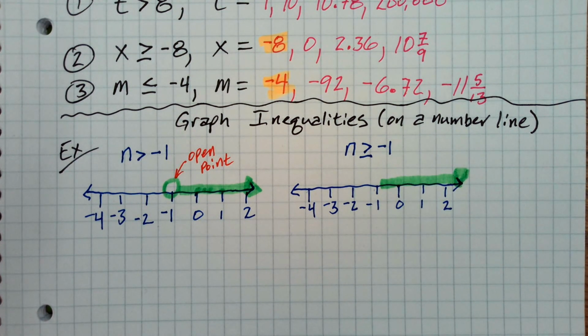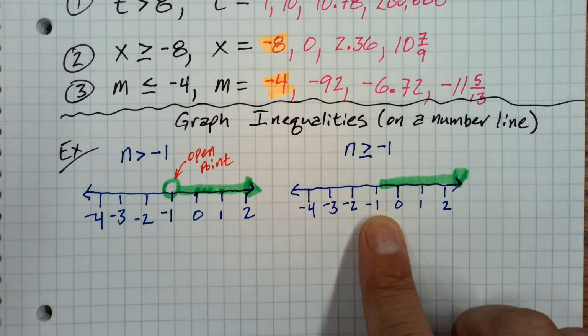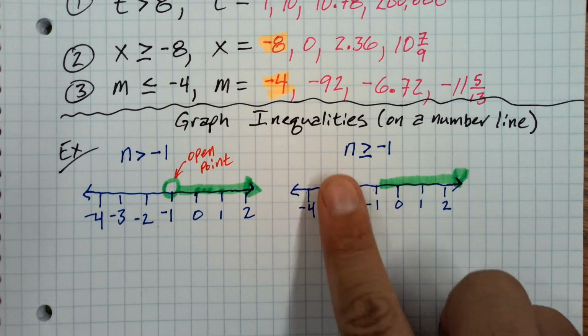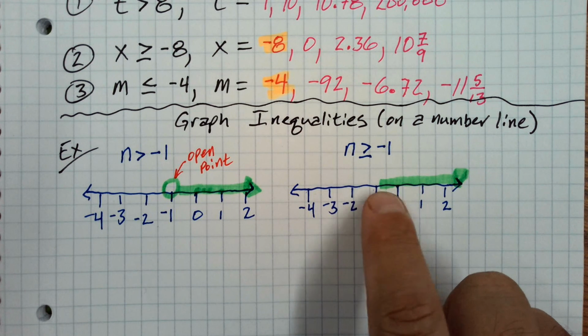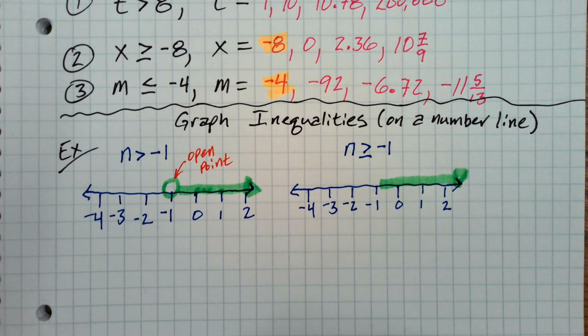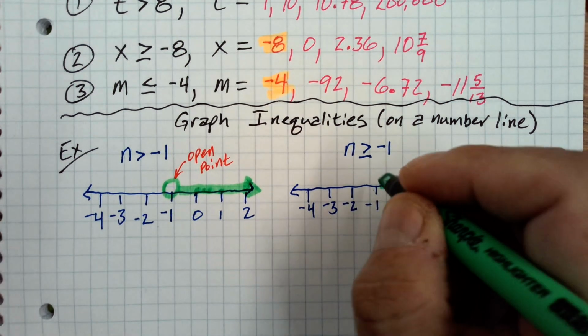Now, is the number -1 part of the answer? In this case, remember, can I say -1 is greater than or equal to -1? Is that true? It is actually, right? So the number -1 is part of the answer. So I don't make an open point there.